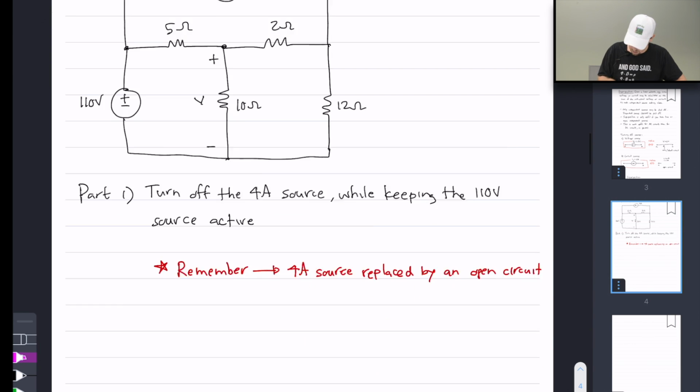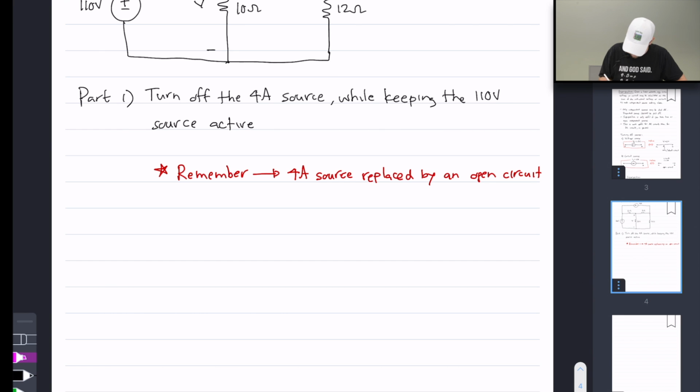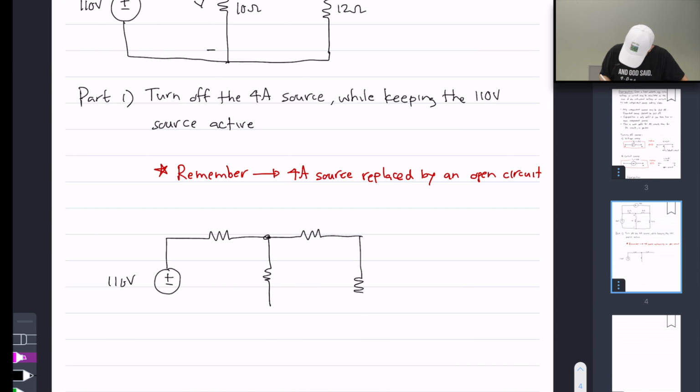So let's take a look at what that circuit would look like. The 110 volt source is still there, still hooked up to a set of 4 resistors, like so.